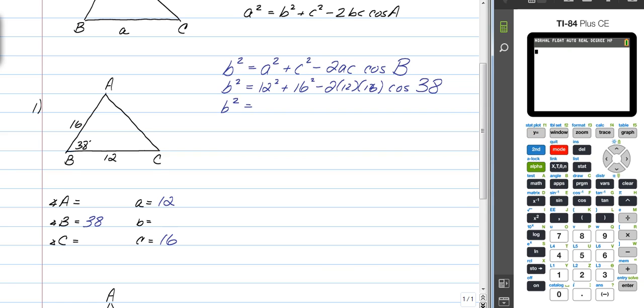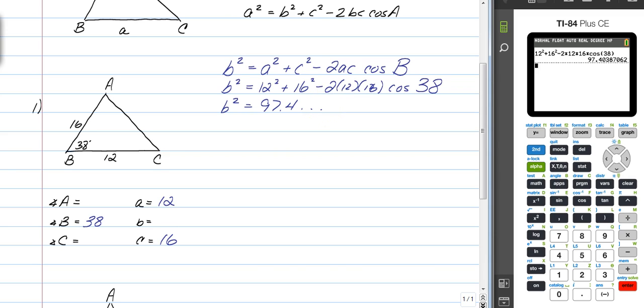So once we're in degrees, we're just going to type in 12 squared plus 16 squared minus 2 times 12 times 16 times the cosine of 38. And when we click enter, we're going to get this big crazy decimal. Now remember, that is what b squared is equal to. So that would be 97.4. And what we need to do is take the square root of it.